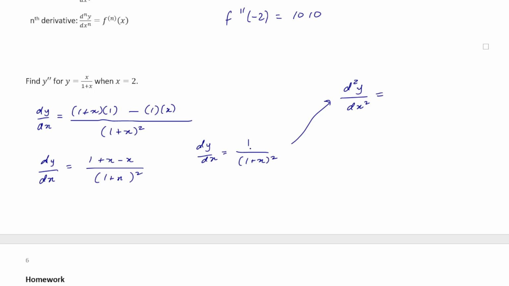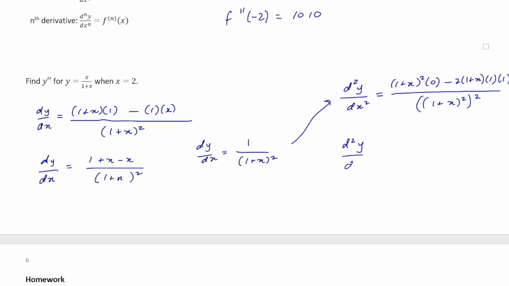So the denominator function times the derivative of the numerator function, well, that happens to be 0, minus the derivative of the denominator function. The derivative of the denominator function is equal to 2 times (1 plus x) times the derivative of the inside, which is just 1, and then times the numerator function, that's 1, all over this raised further to the power of 2.